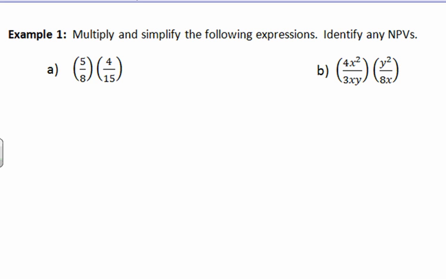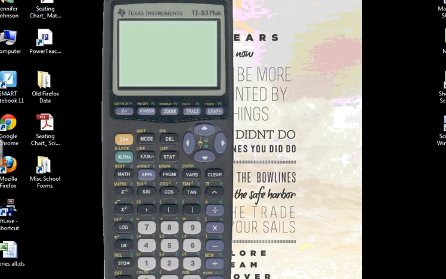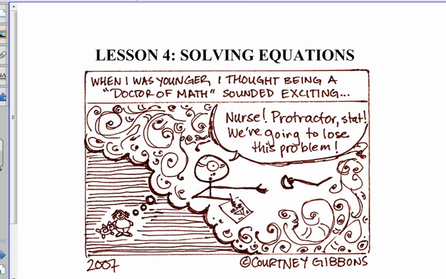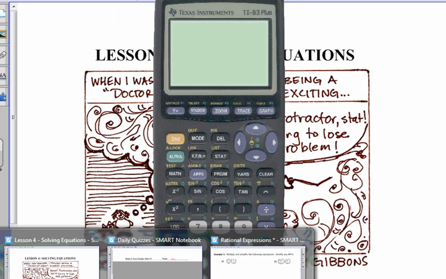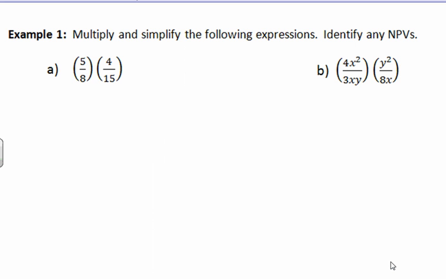Don't just type it in. Once you've done A, try B. Don't forget to state NPVs.